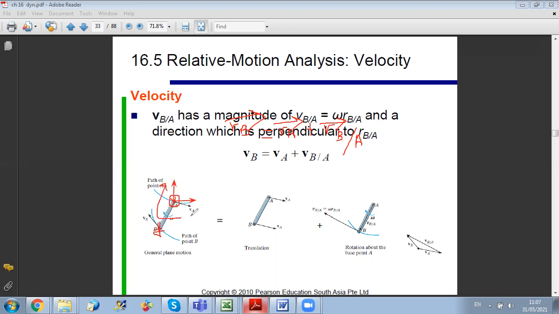While if you take the frame rotating with the same angular velocity of the rod, then you will see that B is fixed relative to A. Okay? So in case of translating frame, the relative motion of B with respect to A will be just a rotation. And then we have related VB to VA as follows: VB equals VA plus VB relative to A, where VB relative to A represents the rotation of B with respect to A.